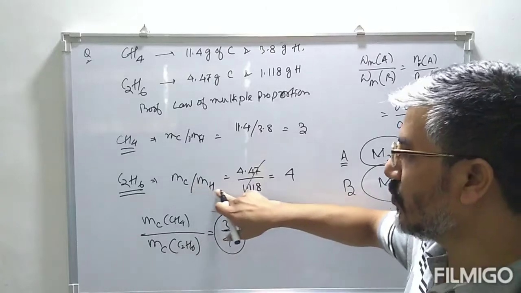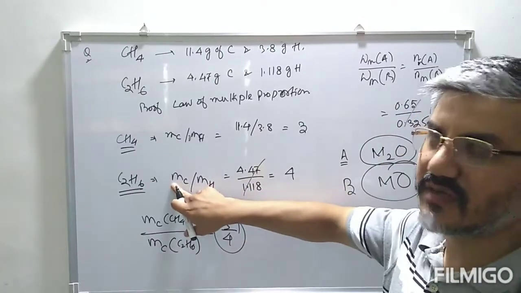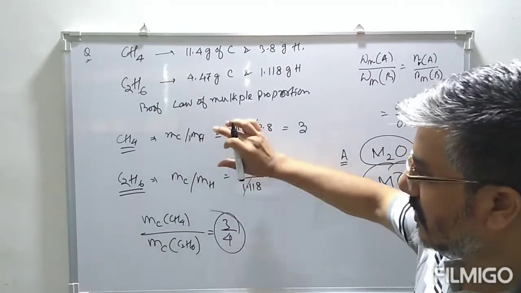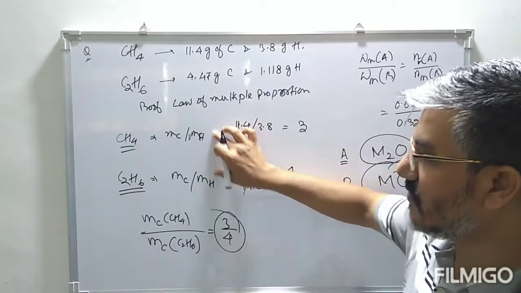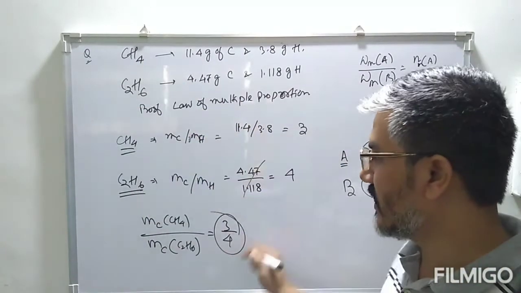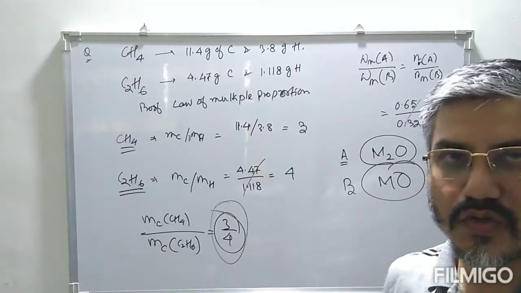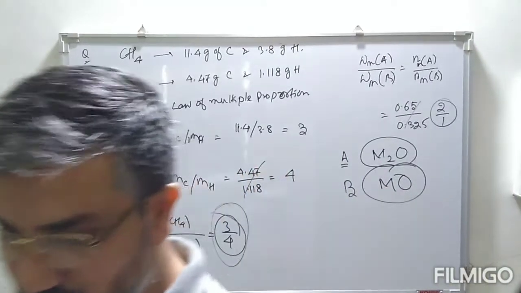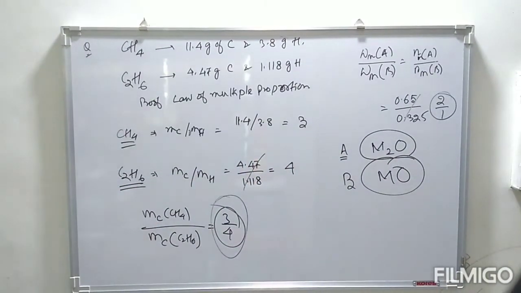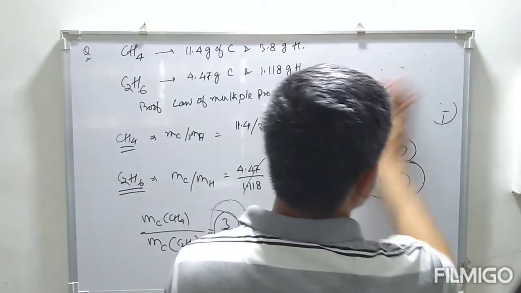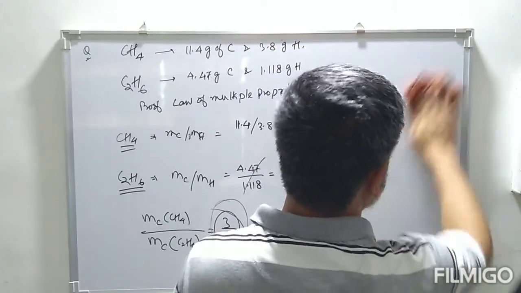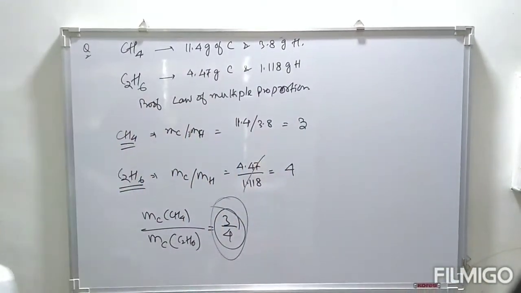In both cases, we are keeping the mass of hydrogen fixed. And this comes out to be simple whole number ratio. So since the whole number ratio is obeyed, this follows law of multiple proportion by mass.